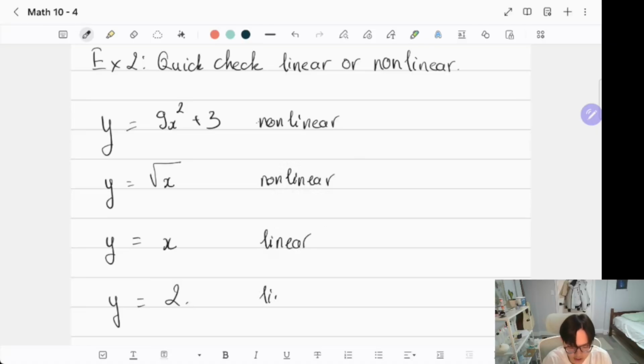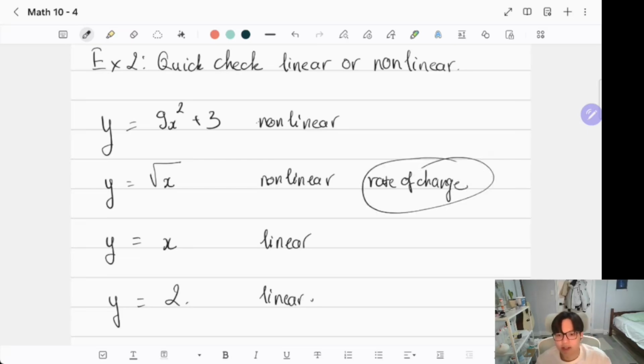And this one is also linear. How can we know that? We need to calculate the rate of change. If it's constant, it is linear, and if it's not constant, it's a non-linear relation.